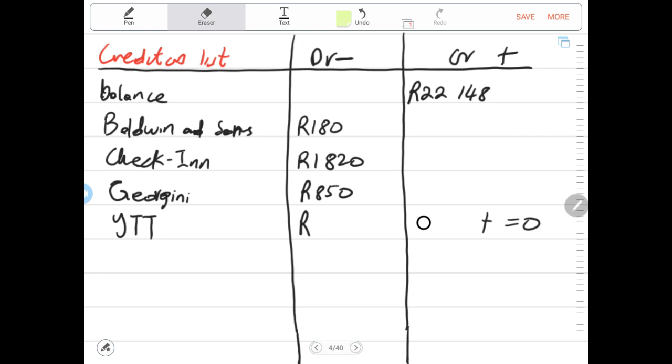Whenever an amount is recorded on the wrong side, but the amount is correct, always record it on the opposite side and double the amount. Whenever the amount is recorded on the wrong side, but the amount is correct, you just record it on the correct side, but you double the amount.